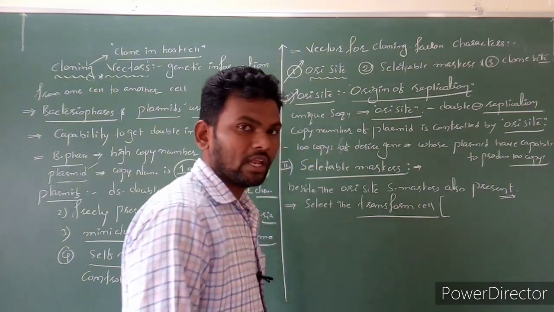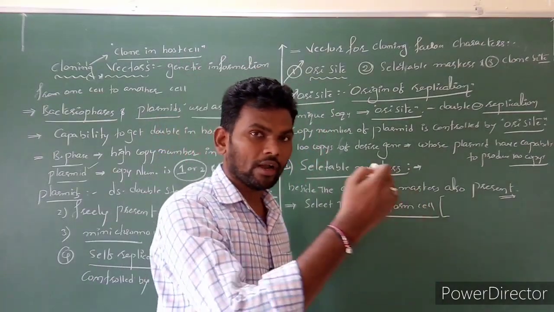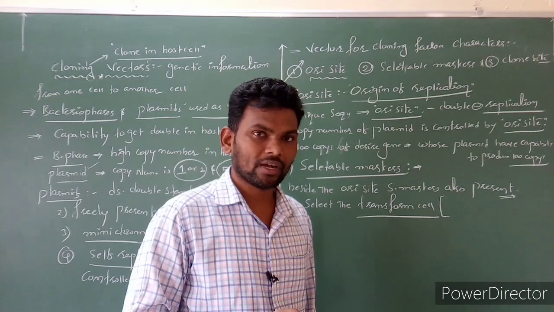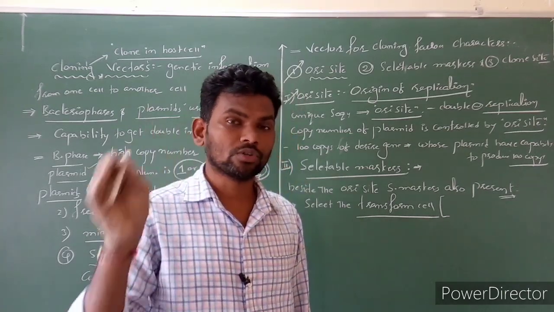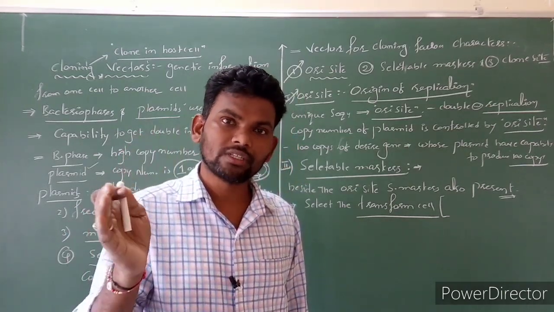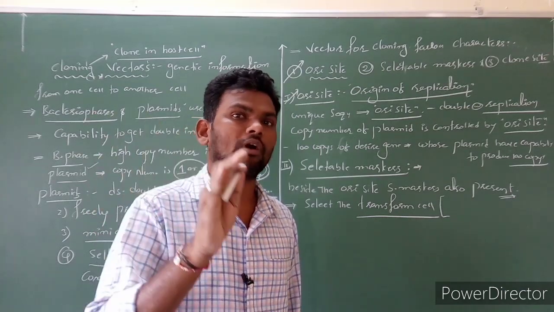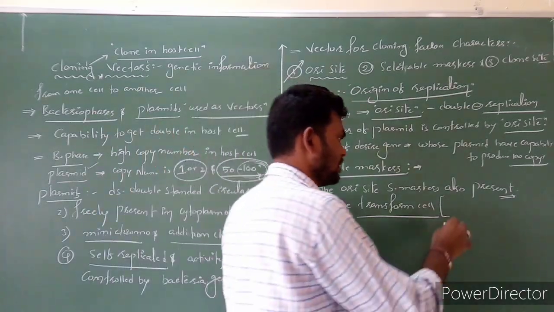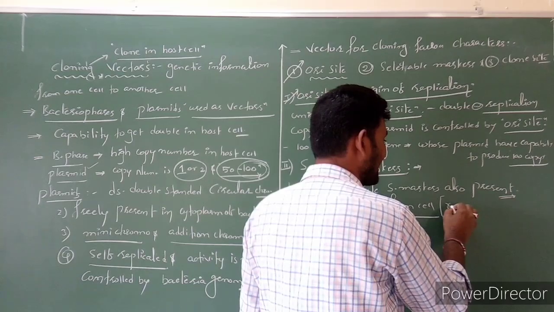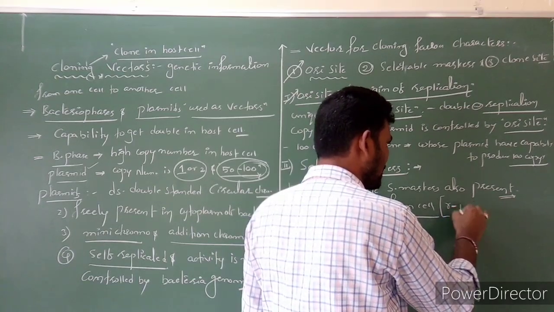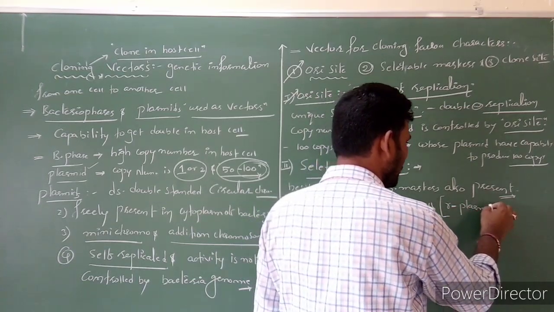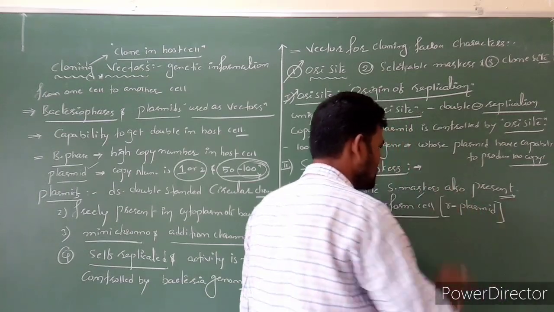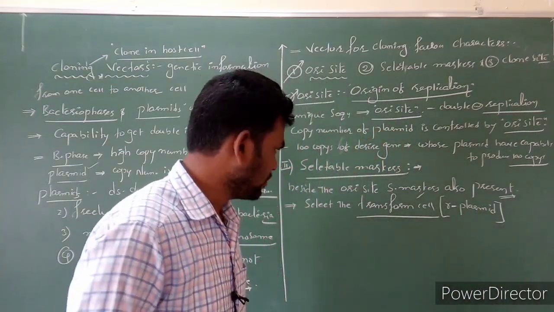What is a transformed cell? It means we already prepared a recombinant plasmid, and that is transferred to a host cell. Now that host cell we call a transformed cell, which contains the desired gene, our plasmid.